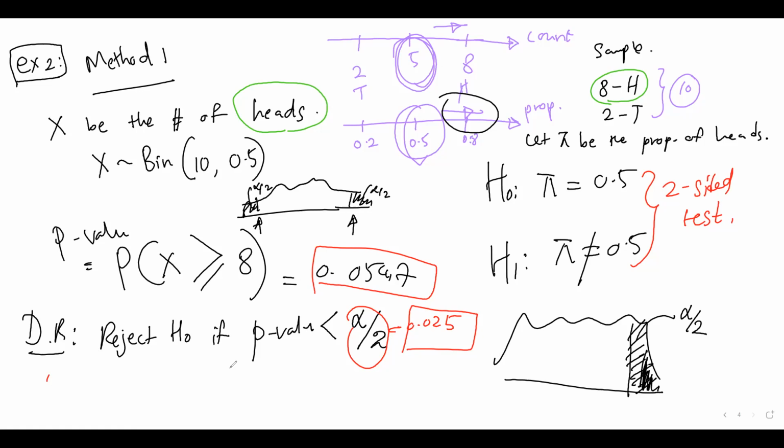You can't say that. That is wrong. Significance level is 5%, it's alpha, not alpha over 2. When you're forming the decision rule, you have to consider alpha over 2 just because it is two-sided. I hope that is clear.